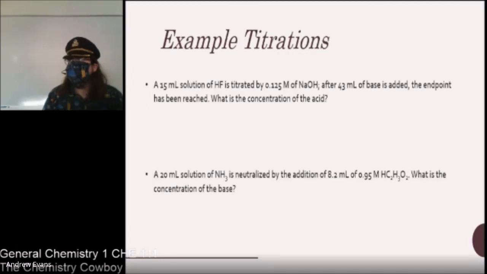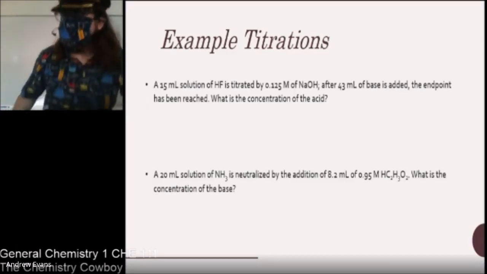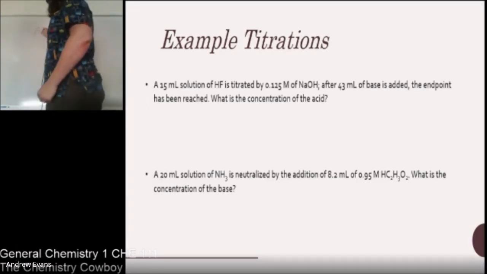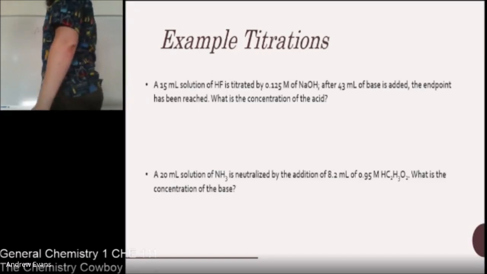In that instance alone, we can use MAVA equals MBVB, which is simply M1V1 equals M2V2. Basically, it's just a different way of saying the same thing: moles of acid, molarity times volume of acid, equals MBVB.